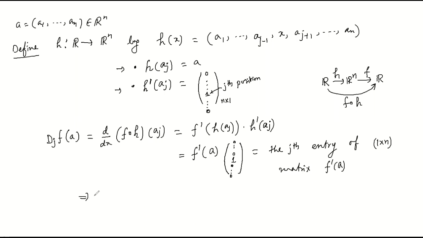Therefore this implies f prime of a is equal to, so the jth component is this, so the first component is d1 f a, the second component is d2 f a, and so on. The last component is dn f a, the nth partial derivative of f at a.